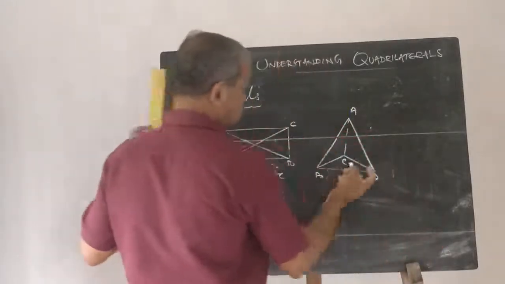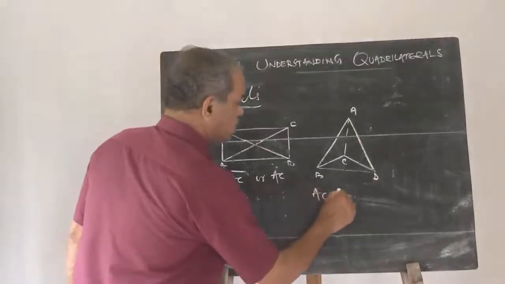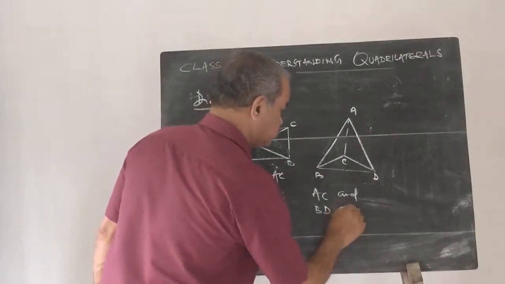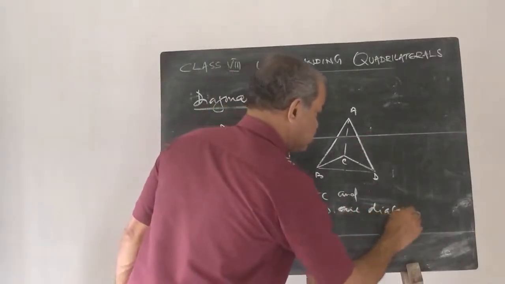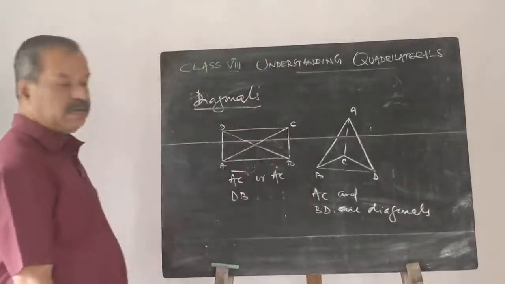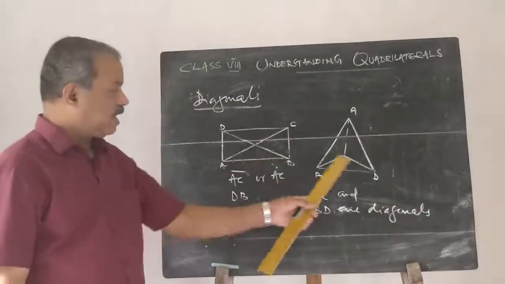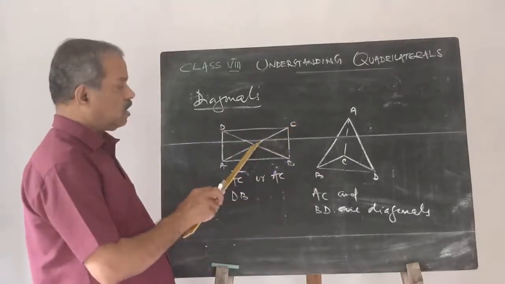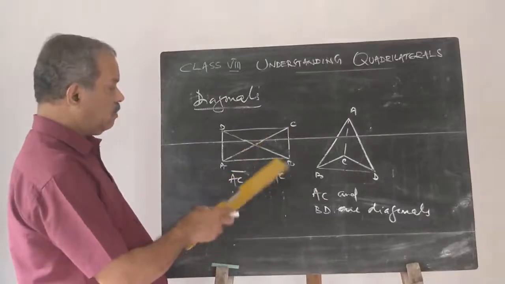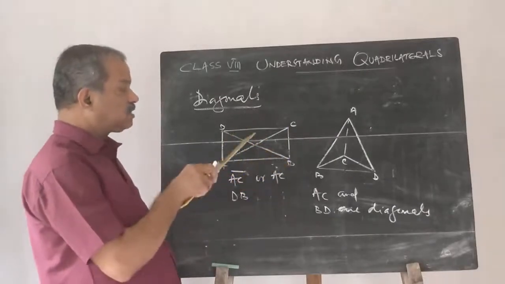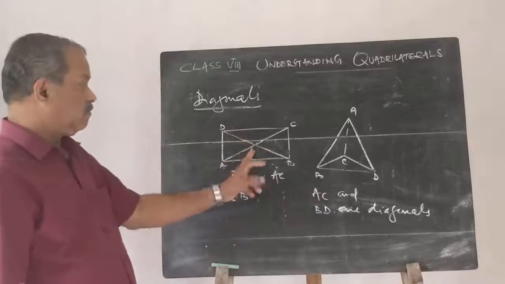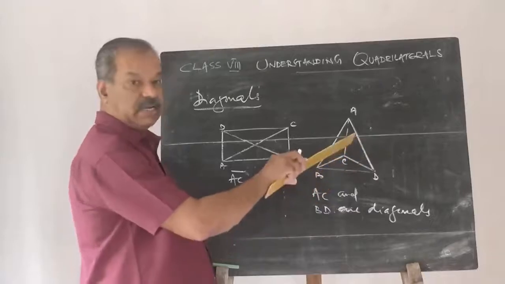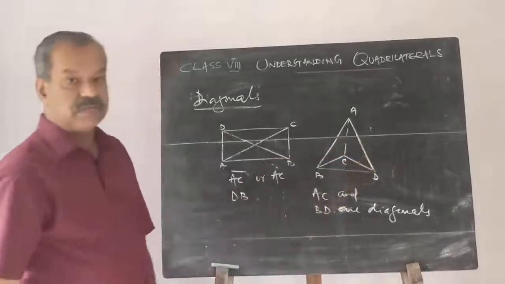BD is also a diagonal. Now compare these diagonals. Here AC and DB are diagonals of the quadrilateral, and these diagonals are inside the figure. Here AC is the diagonal which is inside the figure, and BD is outside the figure.